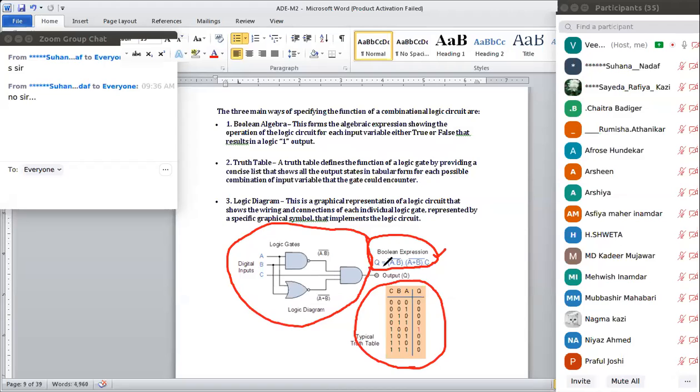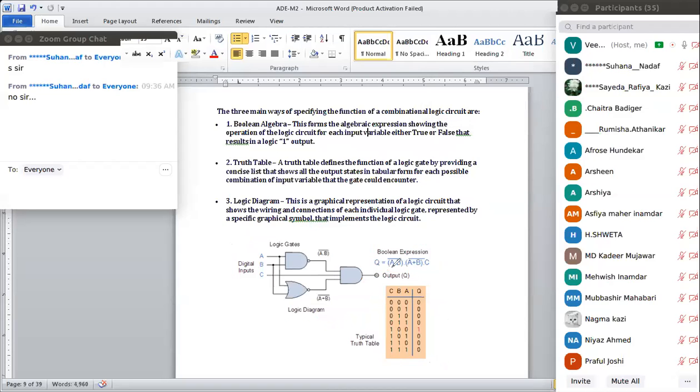For example, (a dot b) whole bar dot (a plus b) whole bar dot c. Here I am going to use one NAND gate, which is going to give me (a dot b) whole bar.